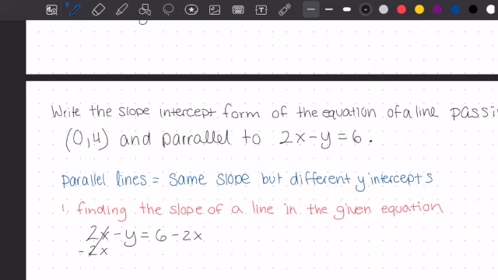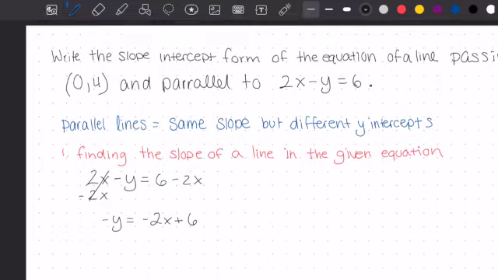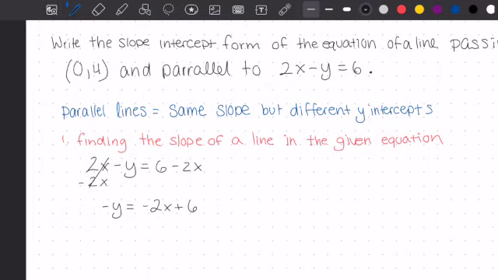So then I'm left with negative y equals negative 2x plus 6. Now I don't want a negative y, I want to make that positive, so I'm going to divide both sides by negative 1. That gets rid of those negatives. And I'm left with y equals 2x minus 6. Does that make sense, that step there?